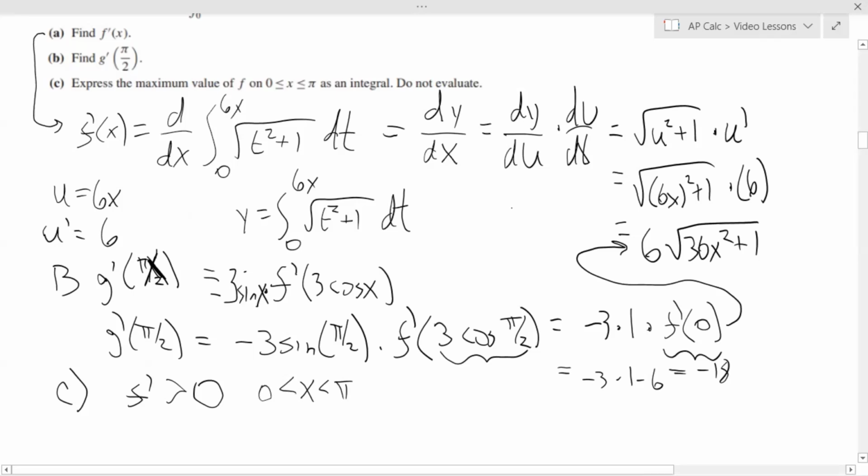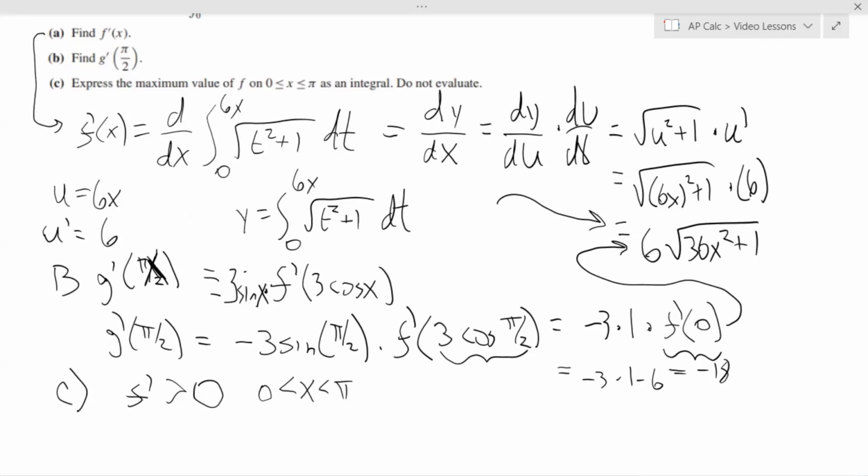Because if you look at f prime right here, it's always going to be positive no matter what values you plug in, because x has to be between 0 and pi. When you square any of those, they're still positive. Multiply by 36, add 1, still positive. Take the square root, still positive, times 6, still positive.